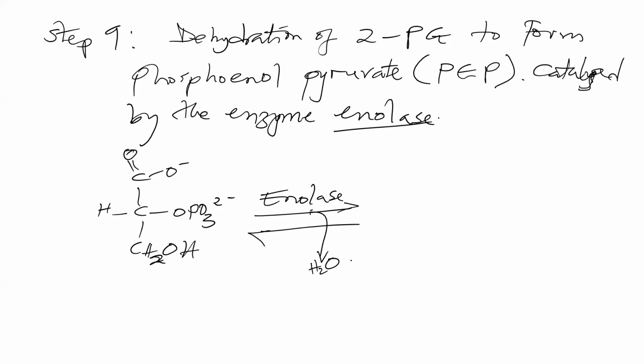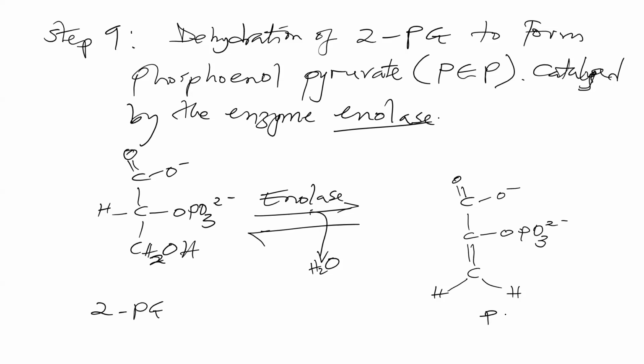And then we are forming phosphoenolpyruvate. So we have that, carbon number 2, and then we have put basically a double bond between carbon number 2 and carbon number 3. So this is 2-phosphoglycerate, and this side we have phosphoenolpyruvate, abbreviated as PEP.